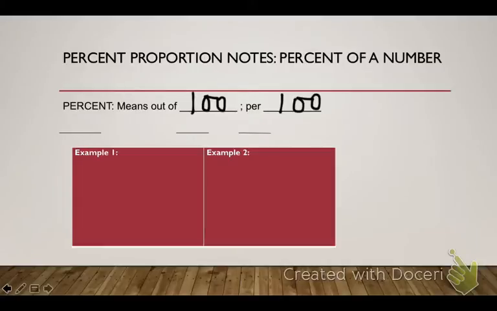Also, you are going to see as we write that there are going to be some pieces here. You're going to have a part to whole. And you're also going to see is, of.